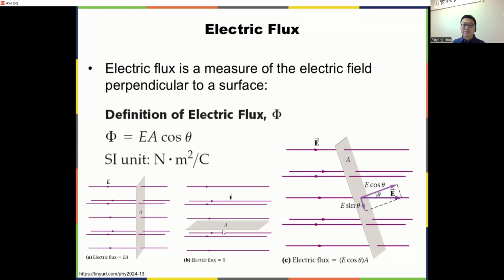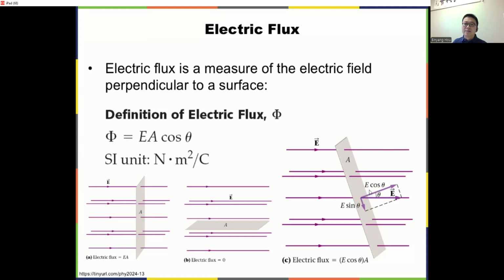In another scenario, if the surface and electric field are parallel to each other, then the normal direction and the E field will be perpendicular to each other. So the angle theta will be 90 degrees, and cosine of 90 is 0. So electric flux in this case will be equal to 0. Now in general, if your E field and the surface make an angle, we look at the angle the normal of the surface makes with the electric field, angle theta.